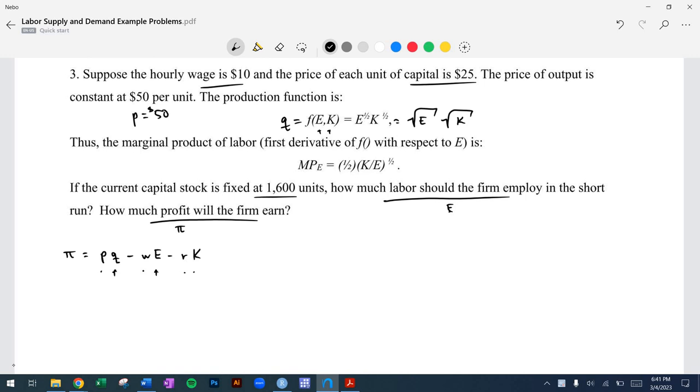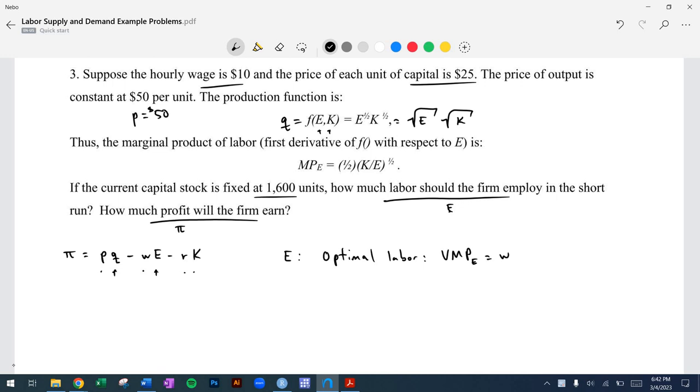In order to calculate the number of workers here, E, we'll have to recall from labor theory that the optimal bundle of capital and labor, the optimal labor, will come from the value of marginal product of labor equal to the wage.